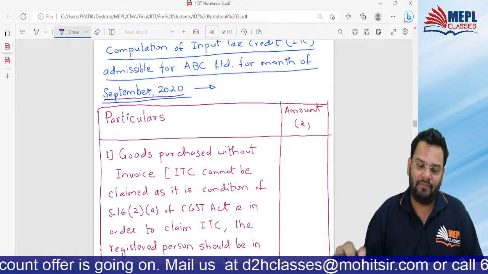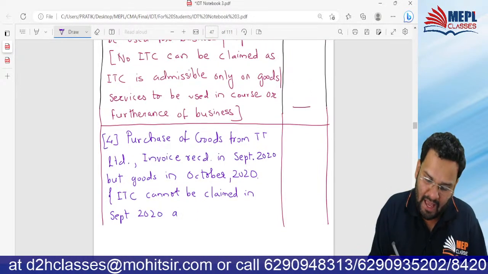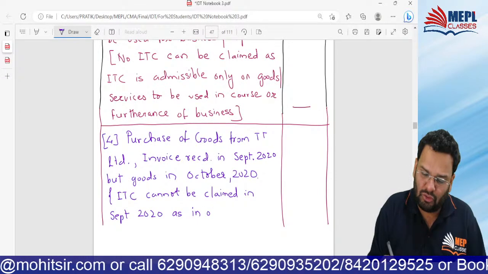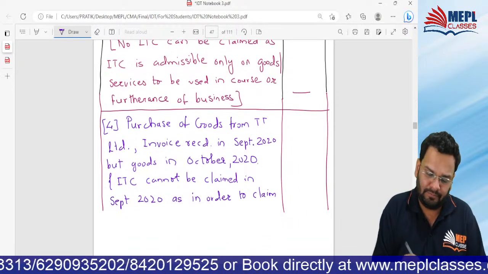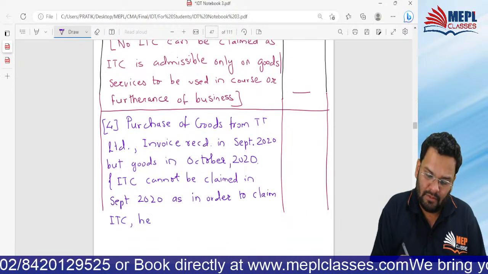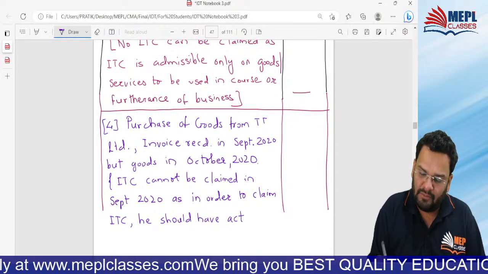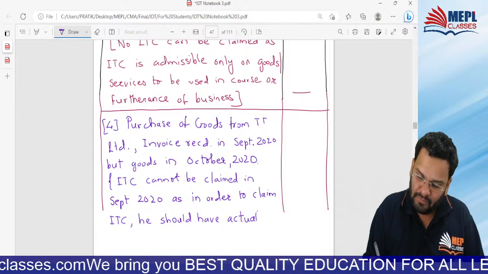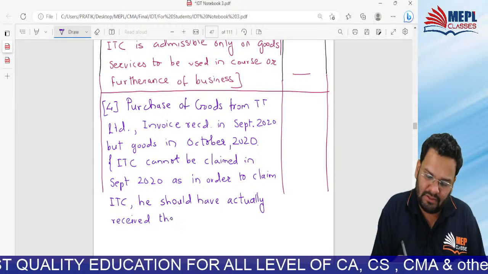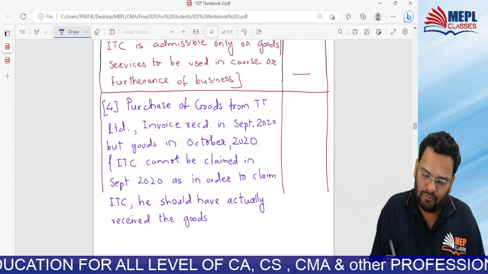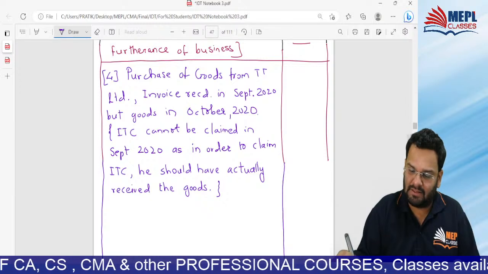ITC cannot be claimed in the month of September 2020, as in order to claim ITC, he should have actually received the goods. Is it clear to all of you? Yes. Next.